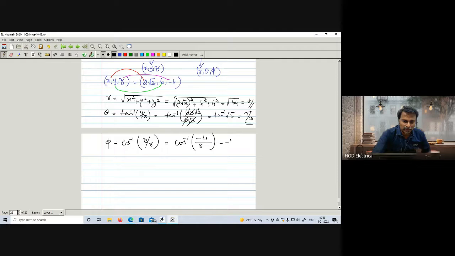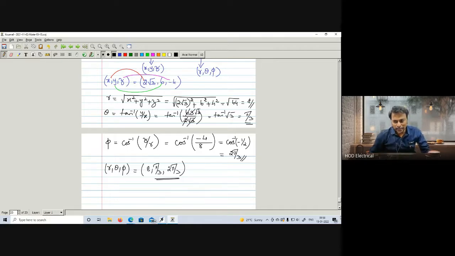Therefore, cos inverse of minus 1 by 2, which we can write as 2 pi by 3. So with this, we can write r, theta, phi is equal to 8, pi by 3 and 2 pi by 3.